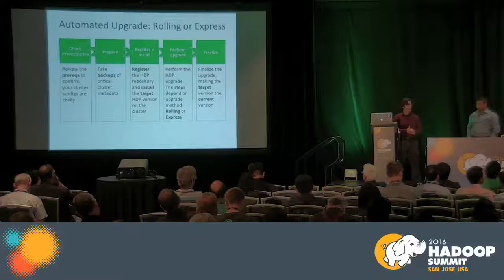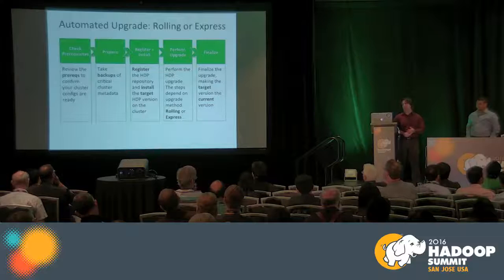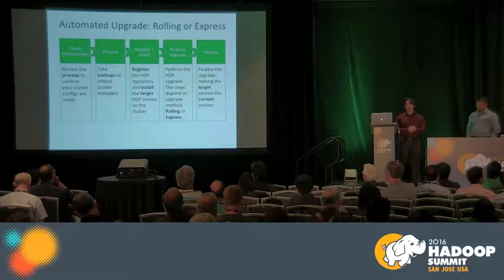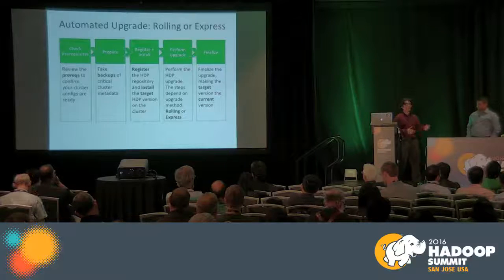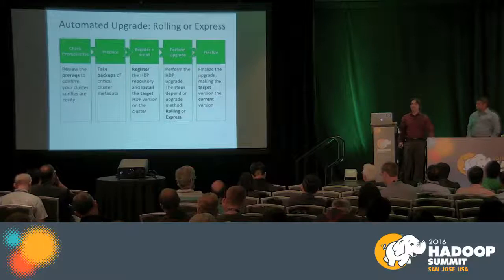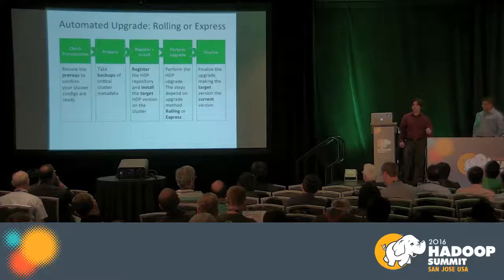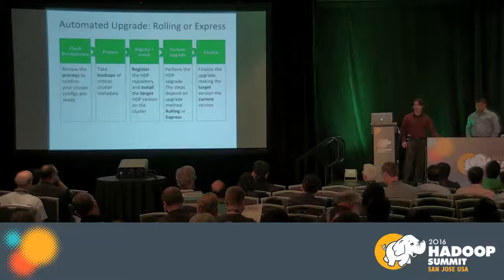And there's also features that we've enabled for the cloud that will automatically retry upon failures, that are smarter about timeouts and such. And the last step is of course to finalize. And so at this point, we switch over to the new version and you can't go back. But in case you do want to go back, there's always a downgrade option at every single checkpoint.